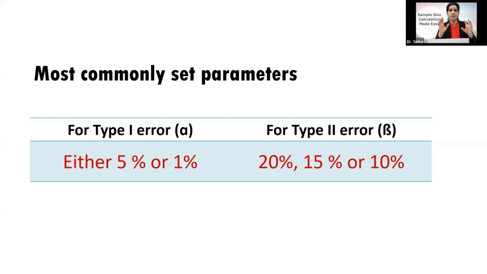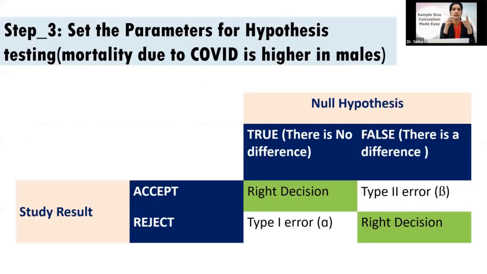The concept of power is only applicable to hypothesis testing. Like in this case, if I say that the mortality in females is 10% less than in males, and I set the power at 80%, that means the power of my study of detecting that difference is 80%.